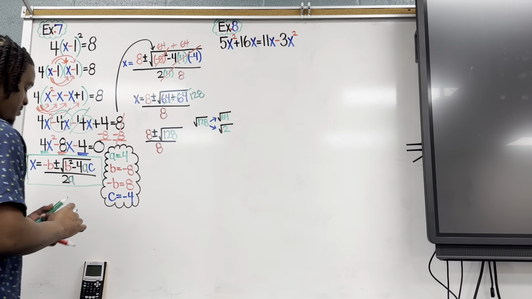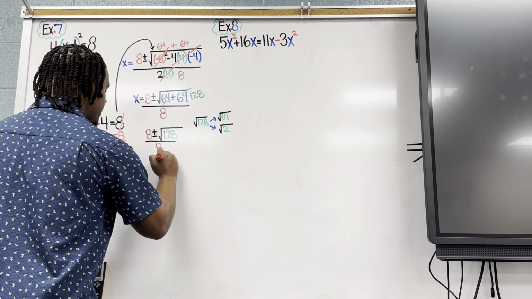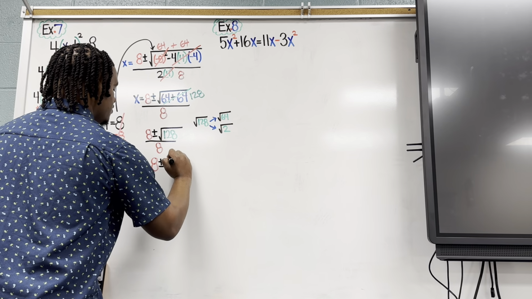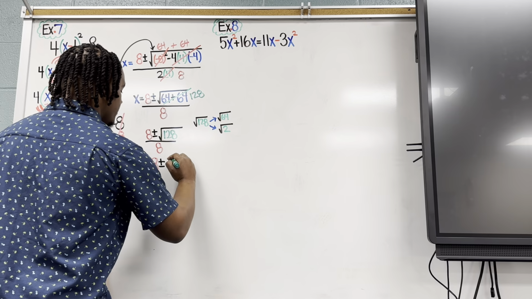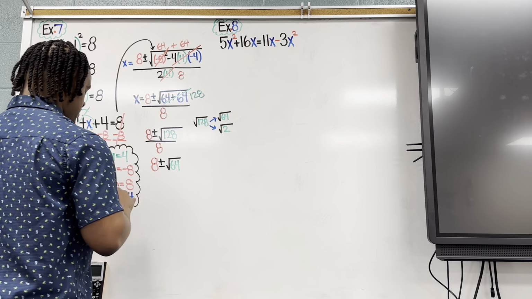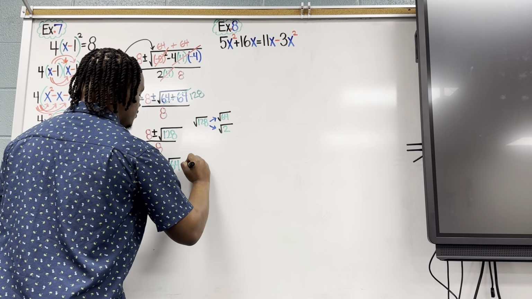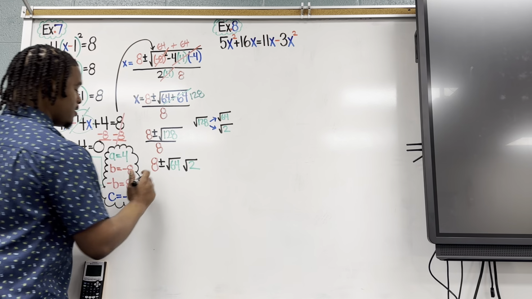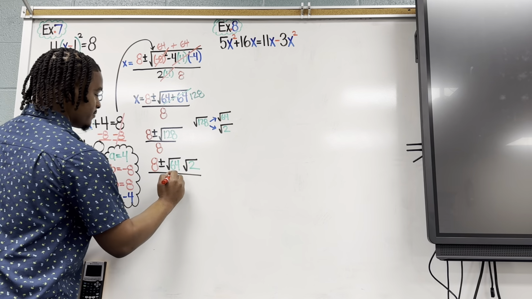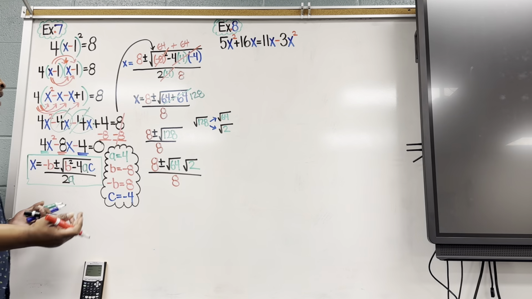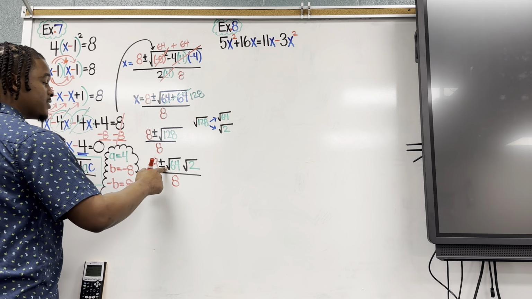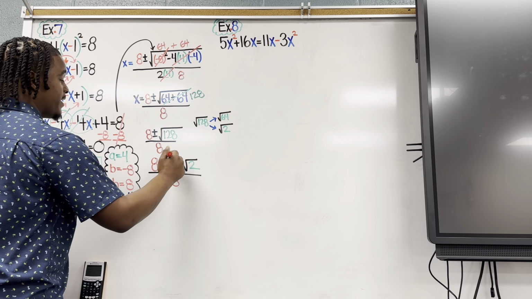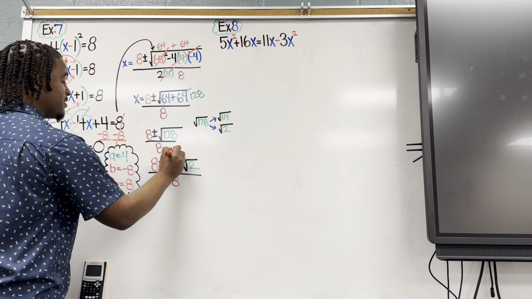So that's what I'm going to do. Now we're going to have 8 plus or minus the square root of 64 times the square root of 2, all divided by 8. Now, this radical, the square root of 64, I can actually evaluate, and the square root of 64 is 8.